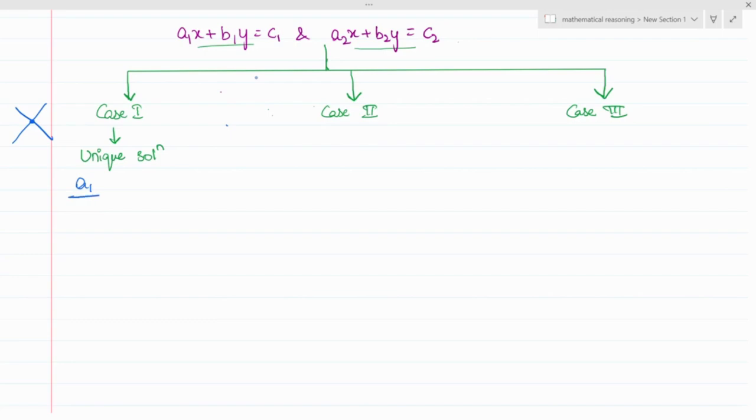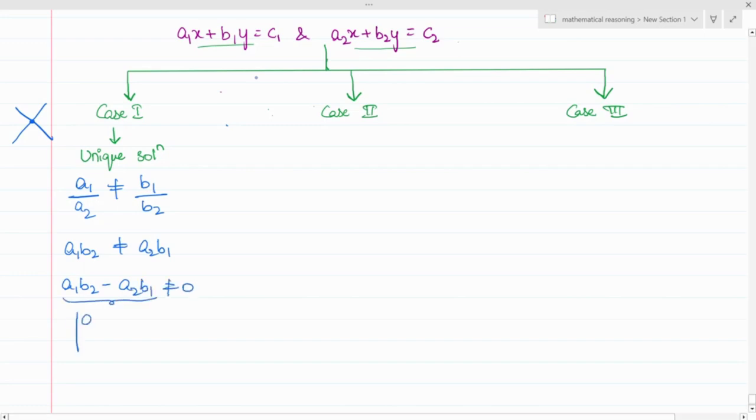Therefore a1 upon a2 is not equal to b1 upon b2. When you do the cross multiplication, you will get a1b2 not equal to a2b1, which is nothing but a1b2 minus a2b1 not equal to 0. We have just seen that the determinant a1, a2, b1, b2 is not equal to 0, which is nothing but delta is not equal to 0. So this is the final condition you need to remember.